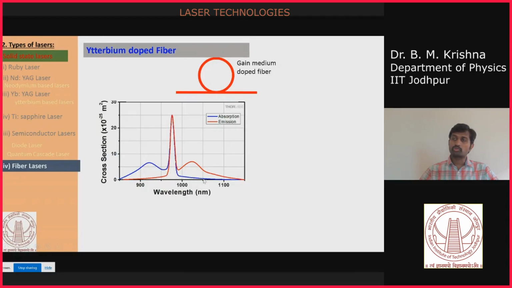As you see, this is absorption, and if you look at the peak of your absorption, your emission also falls in the same region. Now you see this absorption is shifted to higher wavelength sides in the emission spectra.